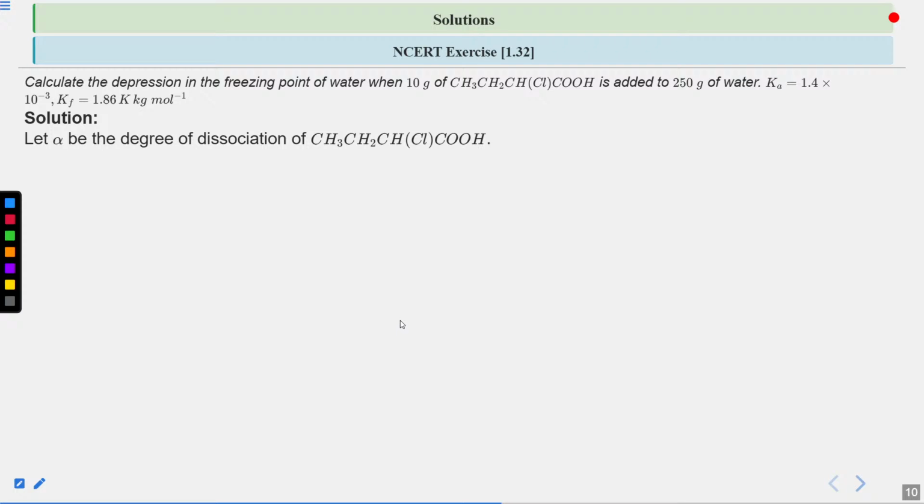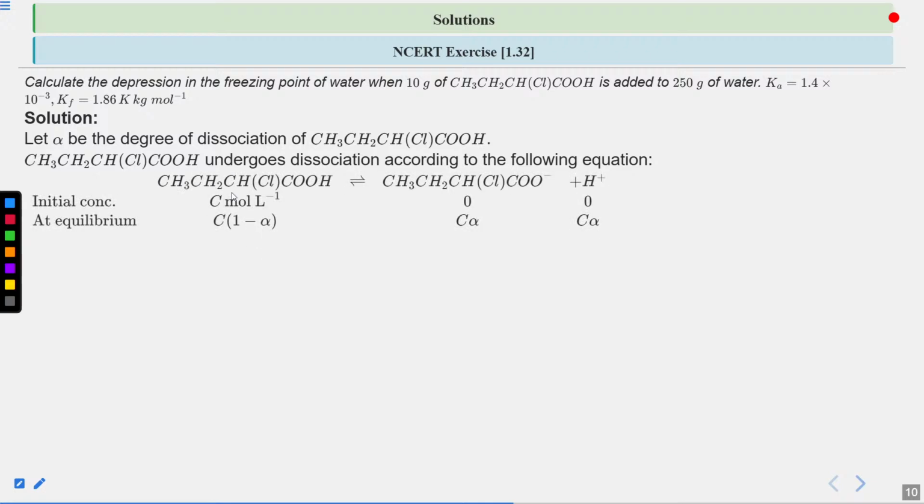Now we have calculated the molality, we will move on to the calculation of alpha. Since our acid is getting dissociated, it can be represented by the equation. So the initial concentration is suppose C. After some time it will be dissociated. So C minus C alpha, or C into 1 minus alpha, which will give C alpha of this anion and C alpha of this cation.